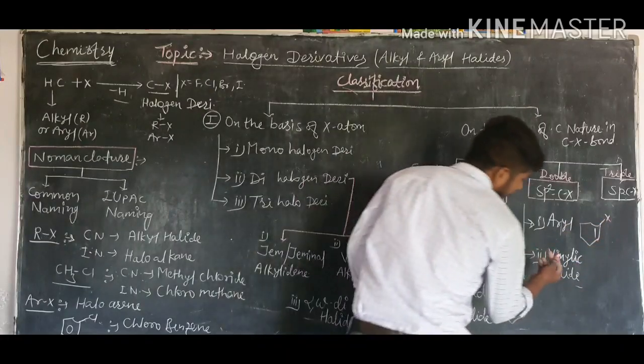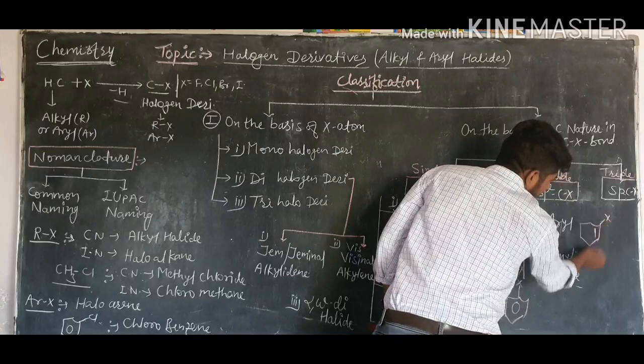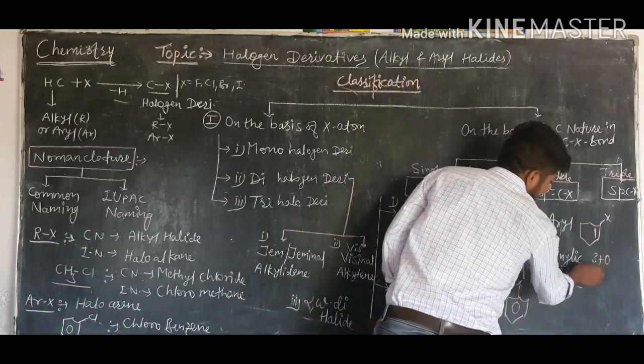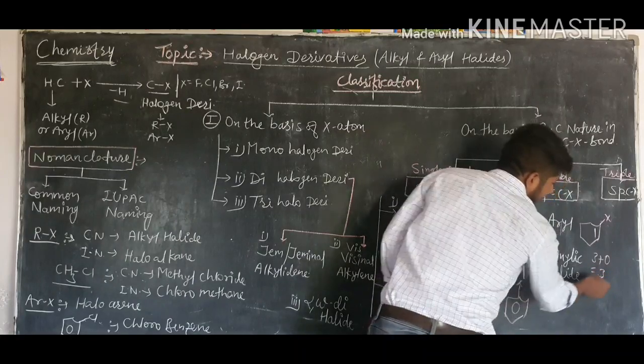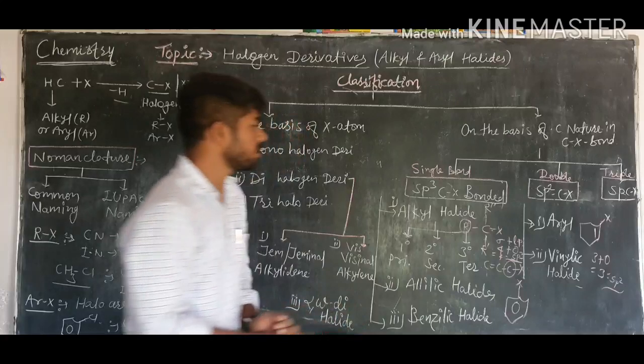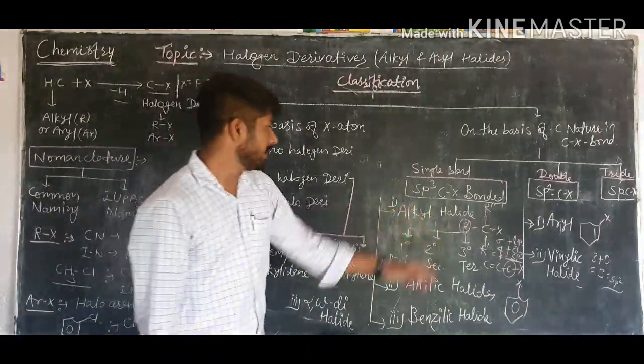How? We can see that there are 3 sigma bonds plus 0 lone pairs of electrons, so the total is 3, meaning hybridization will be sp2, one s orbital and 2 p orbitals.